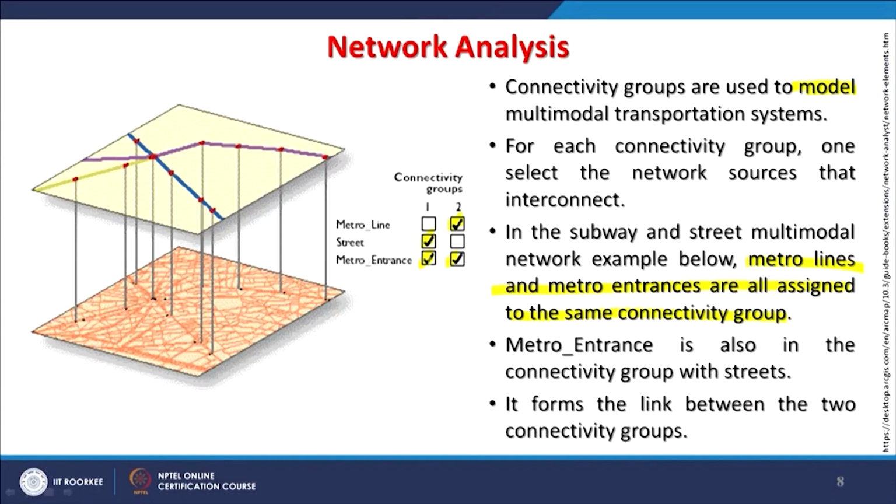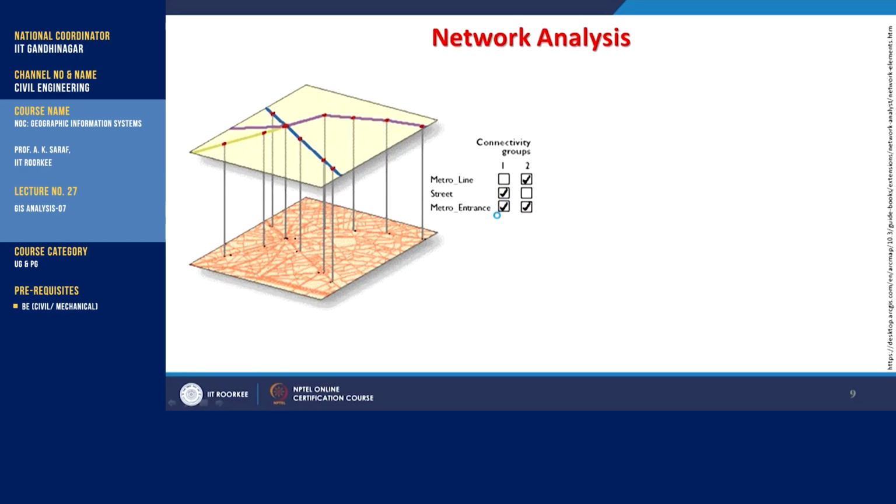And once that is there, it will form the link between two connectivity groups. So here, these two features, a street and a metro line, and your metro entrance, will link to each other, and then one can properly analyze the network.